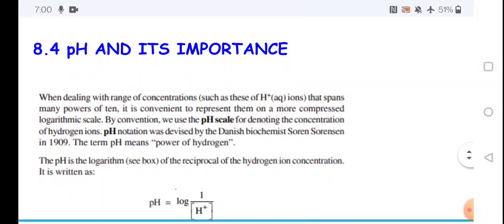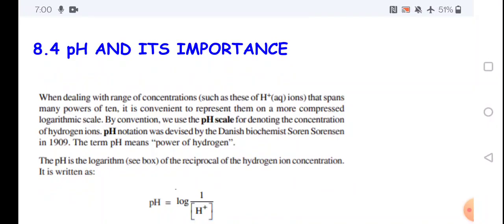The pH scale was devised by Sørensen in 1901. pH means power of hydrogen.